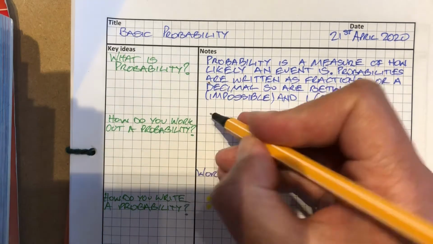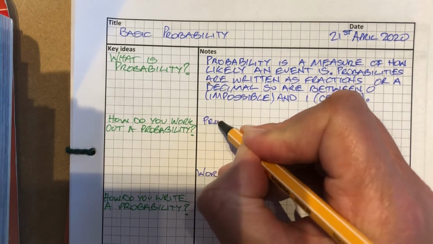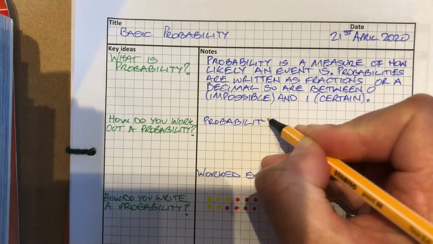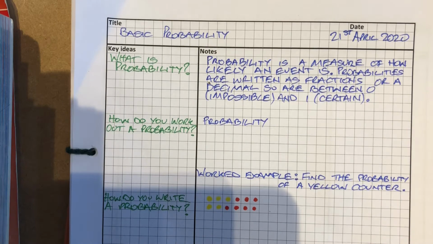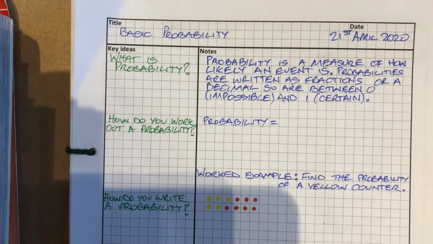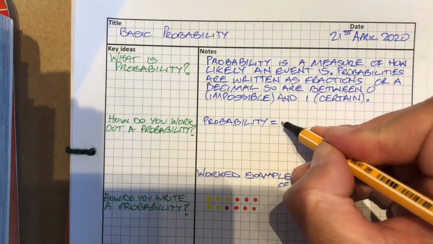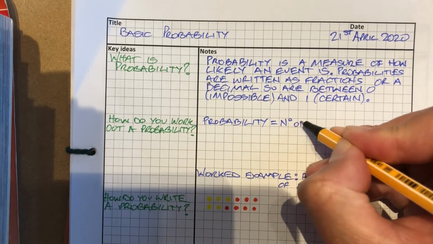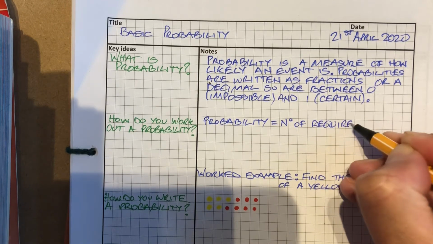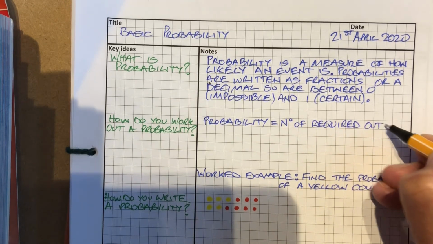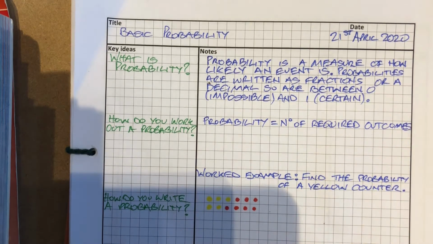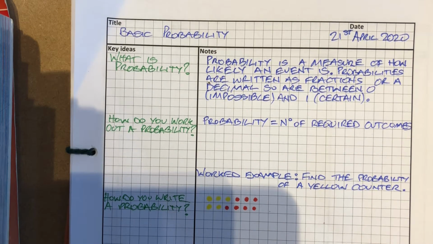So, how do I work out a probability? Well, I would tend to write it as a fraction unless the question is dealing in decimals. And in the fraction, what is the numerator? It is the number of required outcomes. In other words, you count all the ways that the thing that you want could happen.